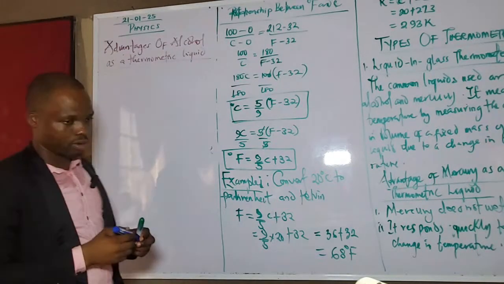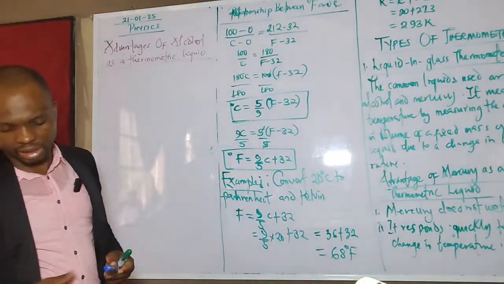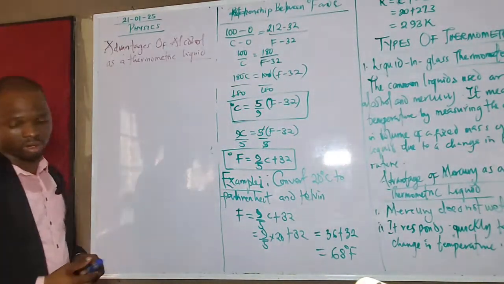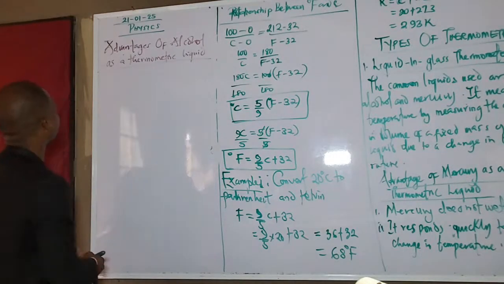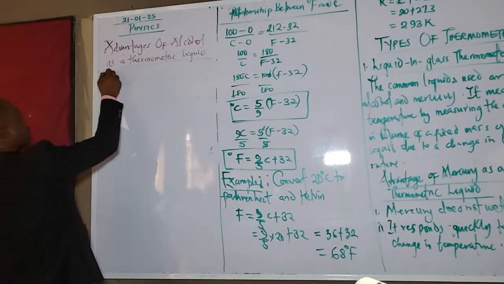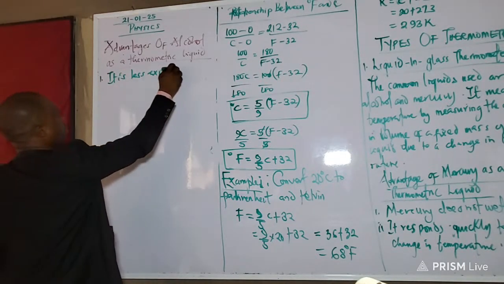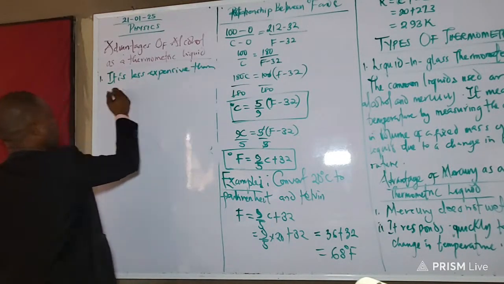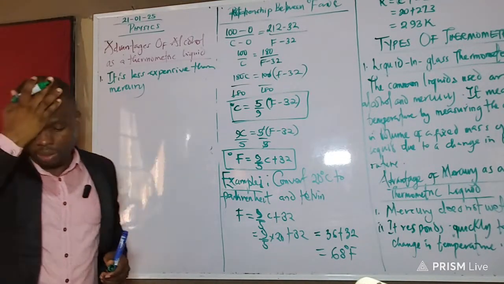Just as we have talked about mercury, we also have advantages of alcohol. So it is less expensive. Alcohol is less expensive than mercury.